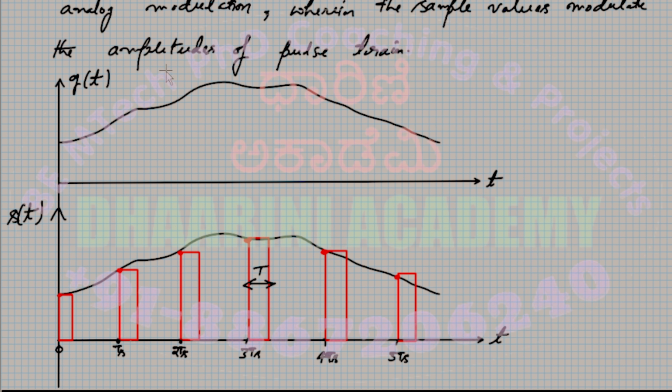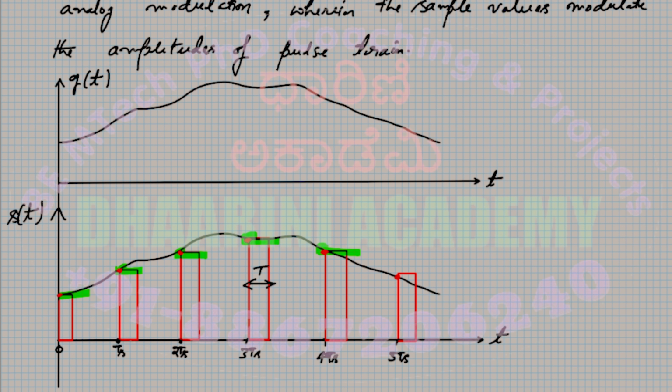Whenever the sampling happens, the sampled values will be used to fix the amplitude of our rectangular pulses. You see that I have sampled it here and I fix that value throughout. Sample it, fix it. Sample the value, fix the value.